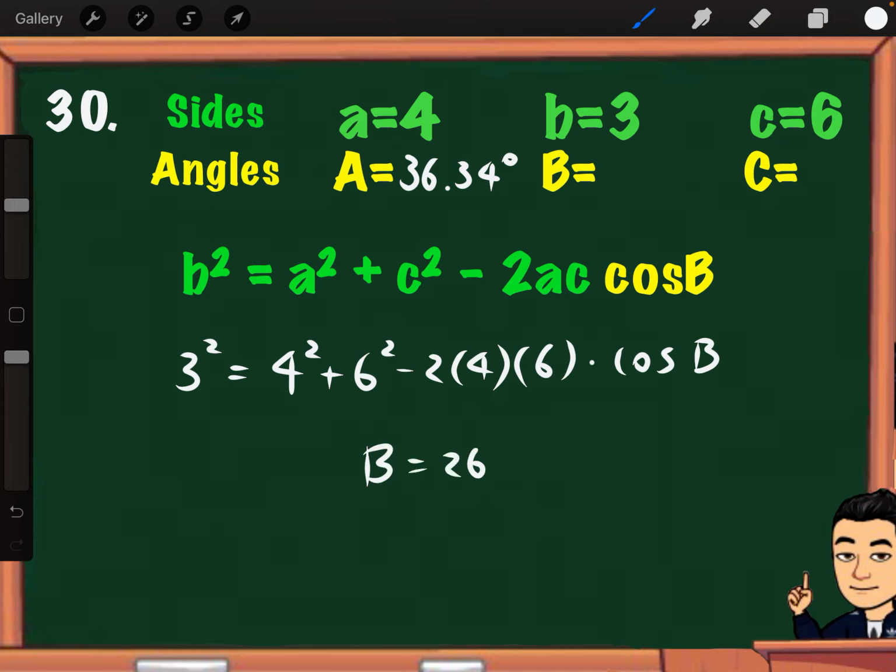You know that the angle B is going to equal 26.38. So put 26.38 over here.